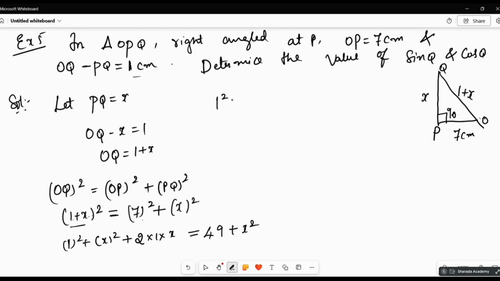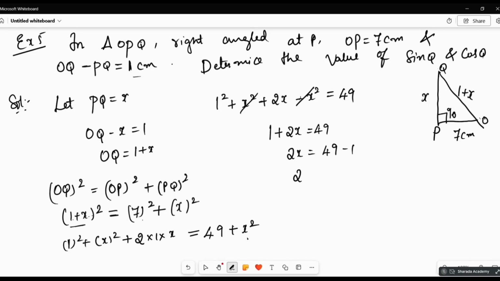Now 1 square plus X square plus 2X. And this X square I will shift to the other side. So this is equal to 49. I can cancel that. 1 square is 1 plus 2X is equal to 49. Or 2X is equal to 49 minus 1. 2X is 48.